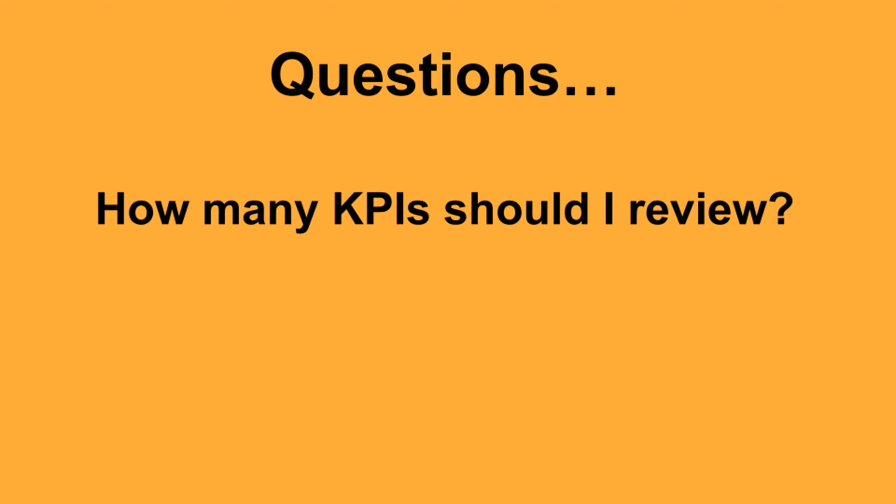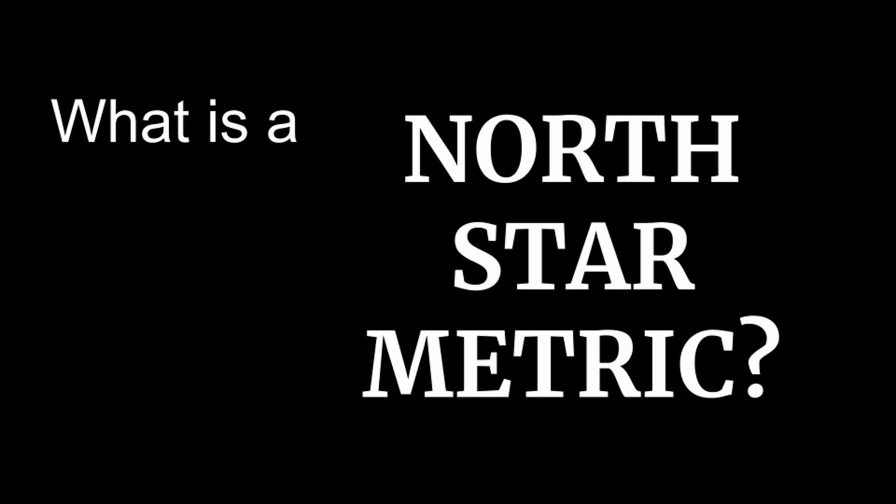So, how many KPIs should you review on a routine basis? Well, number one, what is that routine basis? For me, it's daily and monthly. But what is your North Star metric? What is a North Star metric? A North Star metric is going to be one KPI that you look at, let's say on a daily basis, to see where you are.